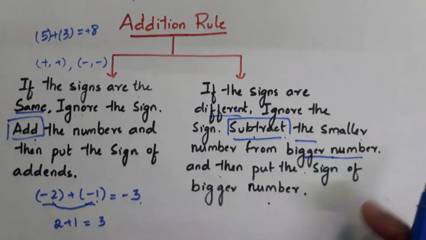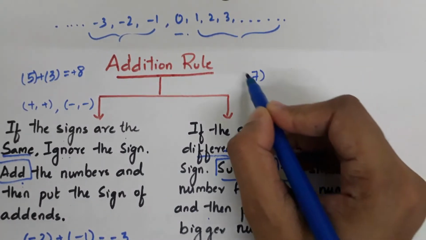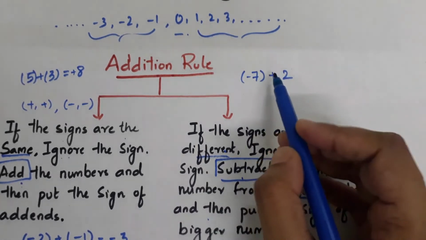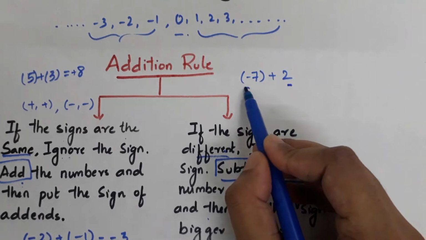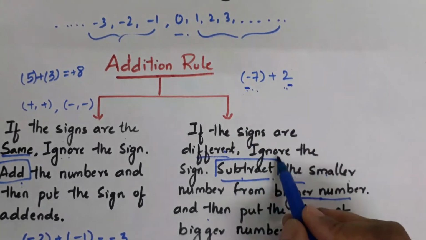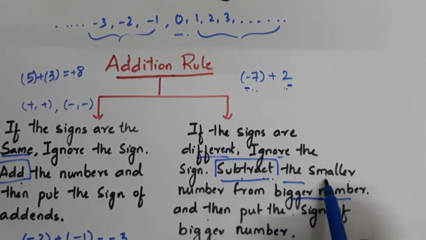Let's understand with an example. Suppose I have -7 and then +2. Here one integer is positive and one is negative, which means they have different signs. In that case, ignore the sign and subtract the smaller number from the bigger number.